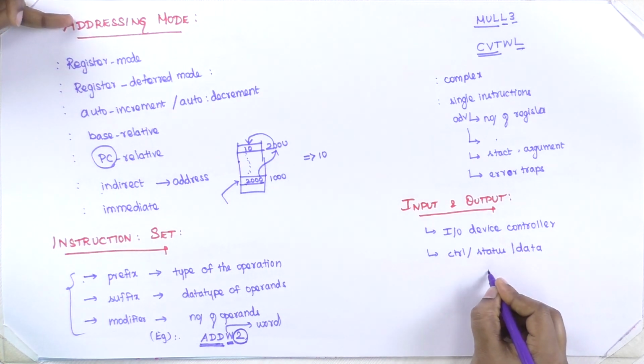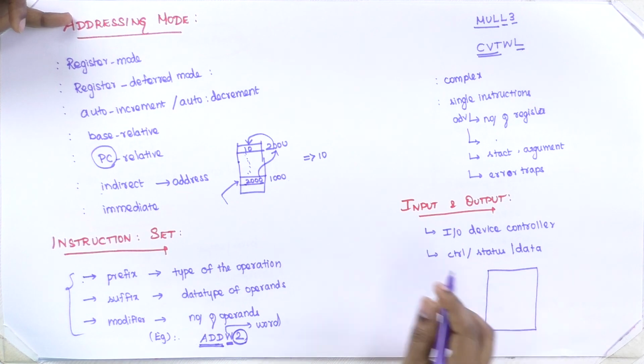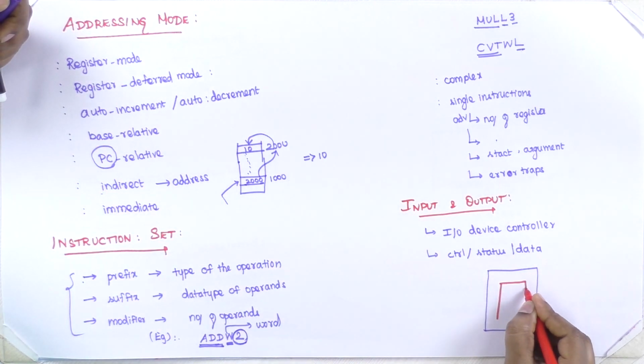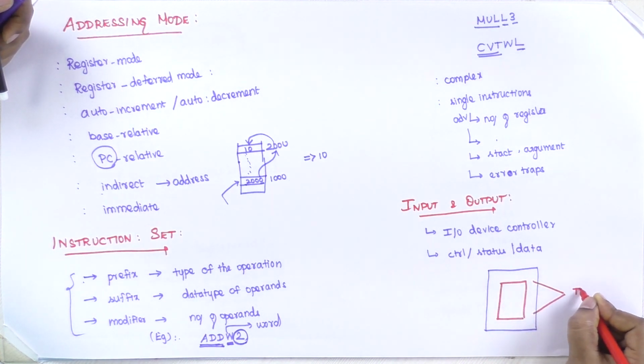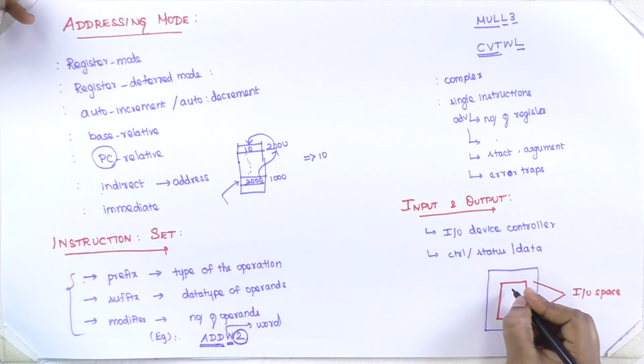That is, if this is our memory, the portion of the memory which is involved in I/O operations is called I/O space. So in I/O space, we have I/O control registers.